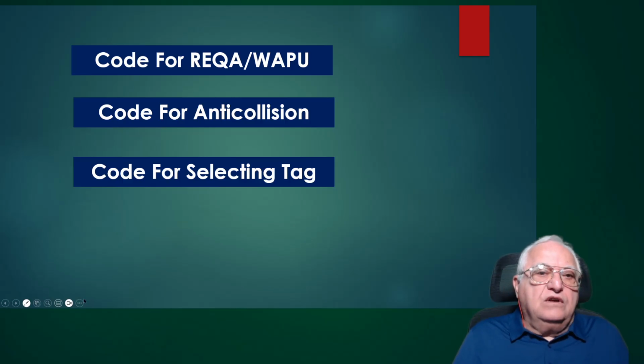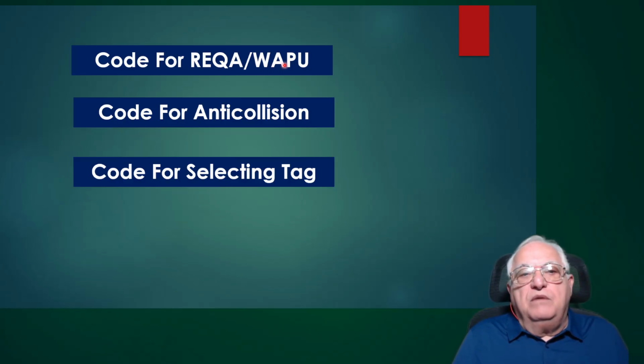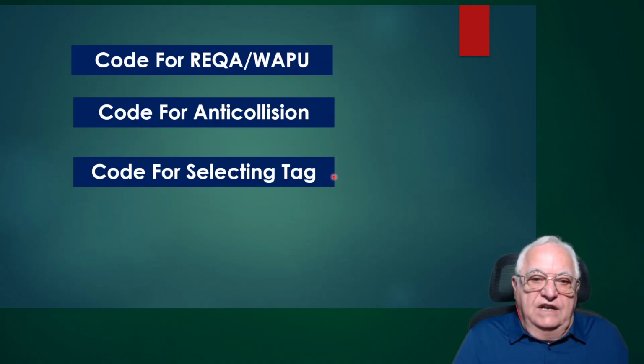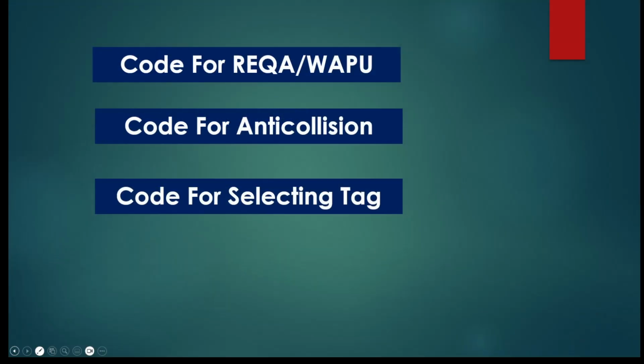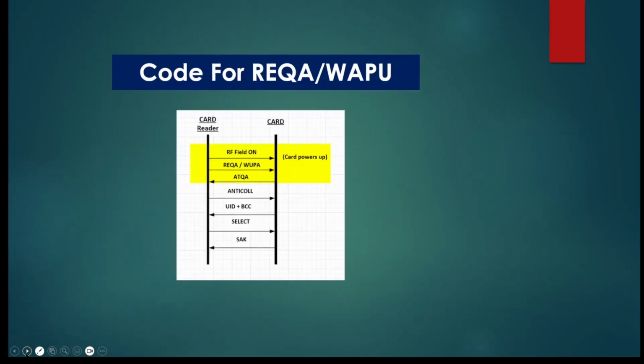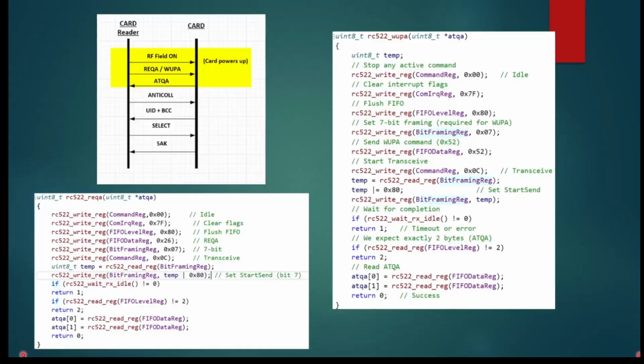So let's look at the code for REQA, WUPA, for the anti-collision and for selecting the tag. Let's start by reviewing the code for the REQA and the WUPA.